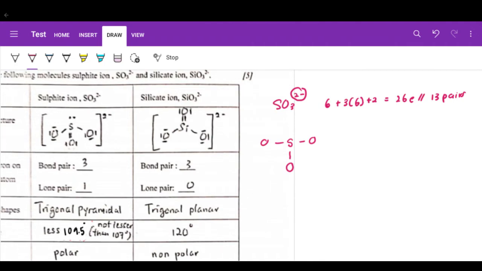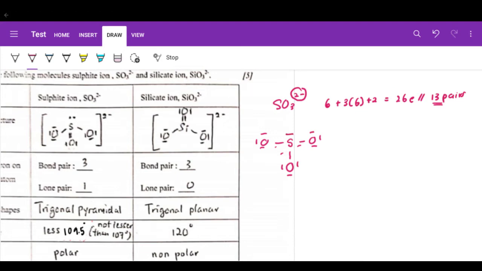The next step is you have to make sure the surrounding atoms achieve octet. So make sure it has 13 pairs. So 1, 2, 3, 4, 5, 6, 7, 8, 9, 10, 11, 12. So we have one more pair, located at the central atom.